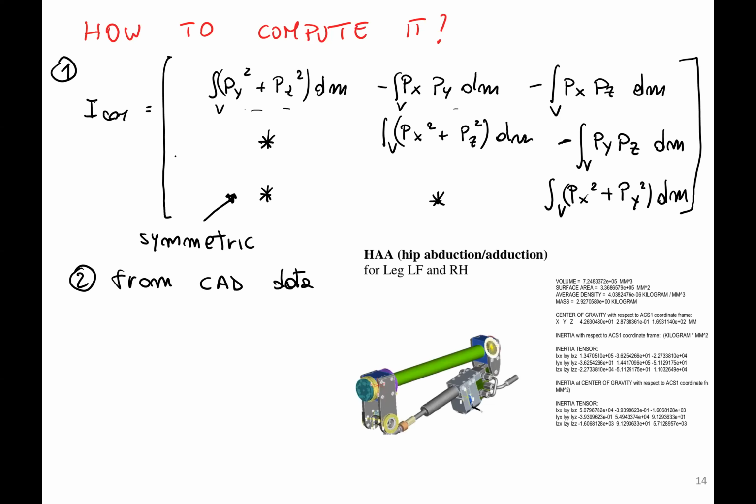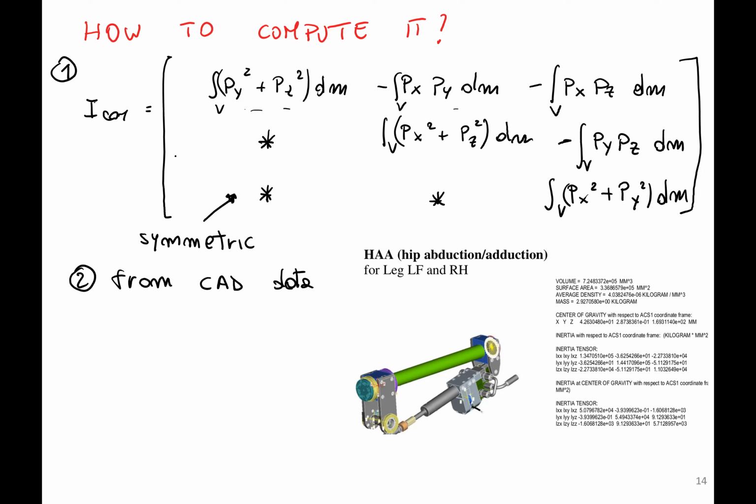Otherwise, we use CAD data, and this is an example of a tensor of inertia for the hip assembly link of our iCub robot. So the link that is moved by this joint, in essence.